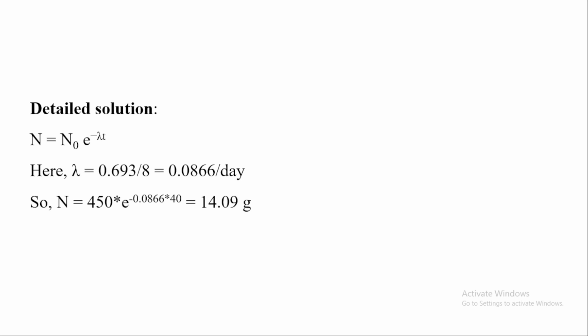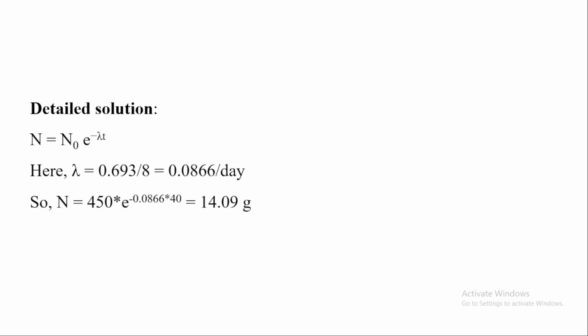So when you solve this, you can easily multiply 0.0866 into 40, it will be 3.46 approx. If you take e to the power of negative 3.46, it will be approx equal to 0.03. So if you multiply 0.03 by 450, you will get the answer to be 14.09.